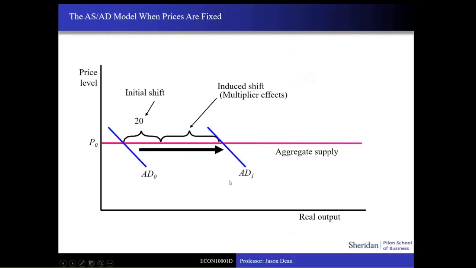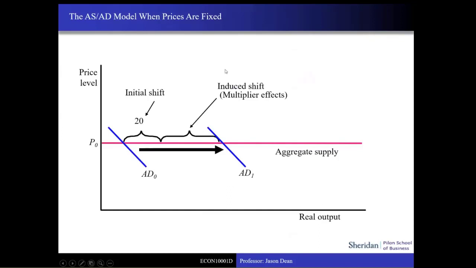So if we have an increase in autonomous spending and prices are fixed, then as a result, the multiplier effect would bring us all the way here. So we would have that real output increases by this amount here in total as a result of this initial shift. Okay, but we know that if prices aren't fixed, we're going to have an upward sloping aggregate supply curve.